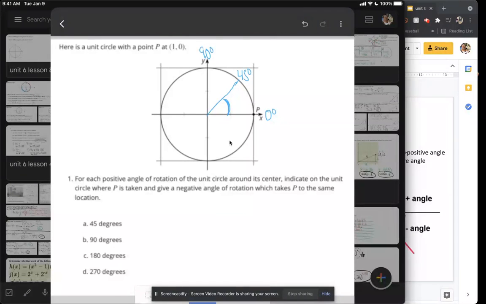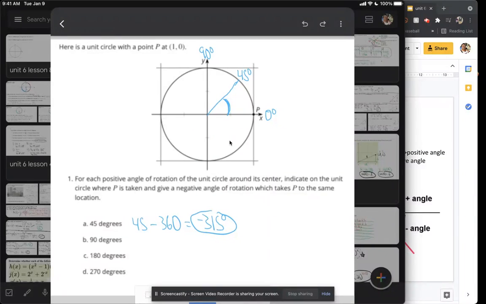So to figure out a negative angle rotation, I'm simply going to take 45 and I'm going to subtract 360. And I end up with 45 minus 360. I'm using the calculator on my phone. I get a negative angle of rotation of negative 315 degrees. Okay, so that would be the same as starting here and rotating clockwise, negative 315 degrees.